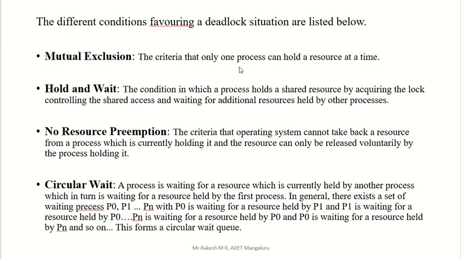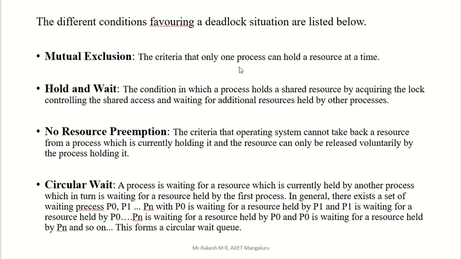One process can hold a resource at a time. So we have two processes, P1 and P2. Out of P1 and P2, any one of the processes can take the resource. At that time, P2 should wait.